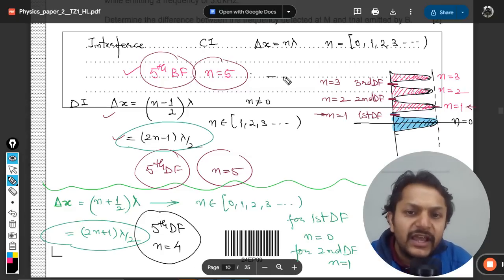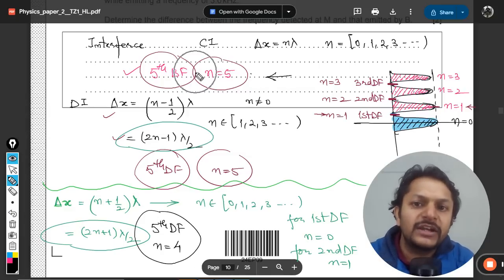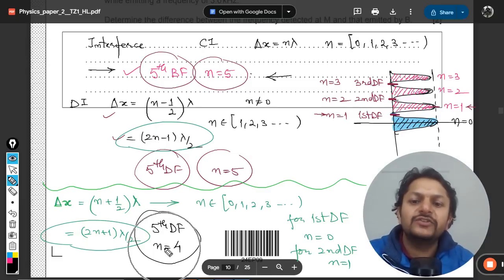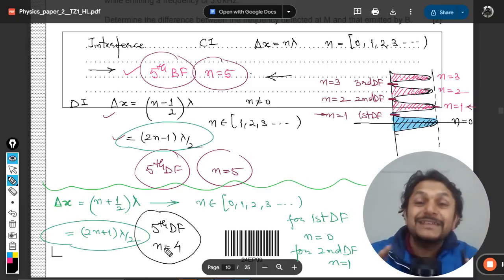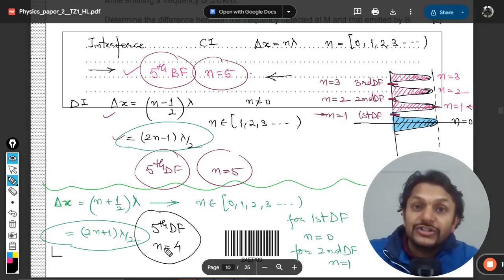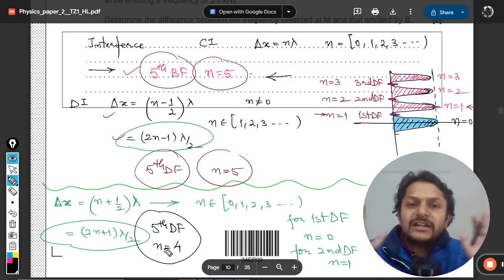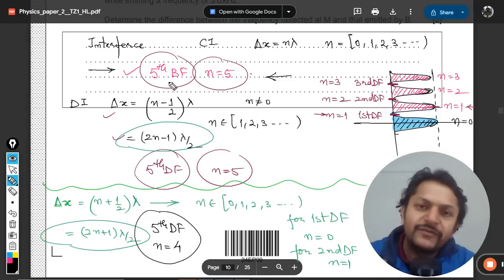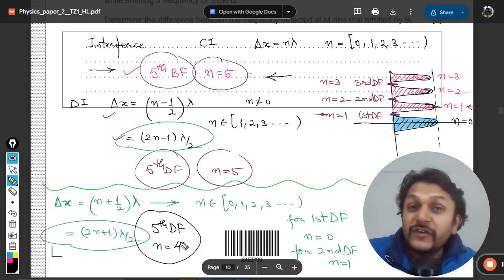Do you see this? In the constructive interference, your data booklet is using this concept. And for destructive interference, your data booklet is using this concept. But that is not written in the book. That is not even given. There is no caution, no warning given in the data booklet that for constructive interference you have to use n is equal to 5 for the fifth bright fringe and you have to use n is equal to 4 for the fifth dark fringe.